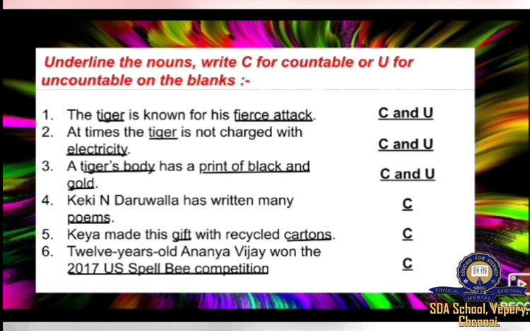Yes, it is a countable noun because it's a competition. You can count them easily. So I hope you are able to understand and you've understood now clearly what is a countable noun, an uncountable noun, and you'll be able to identify them in a sentence.